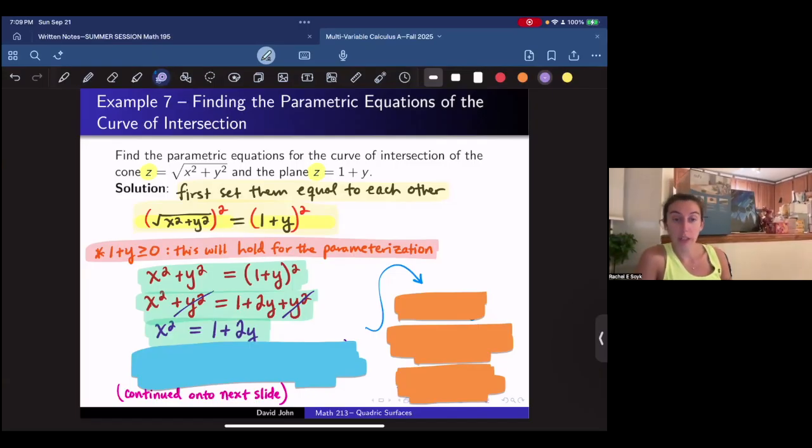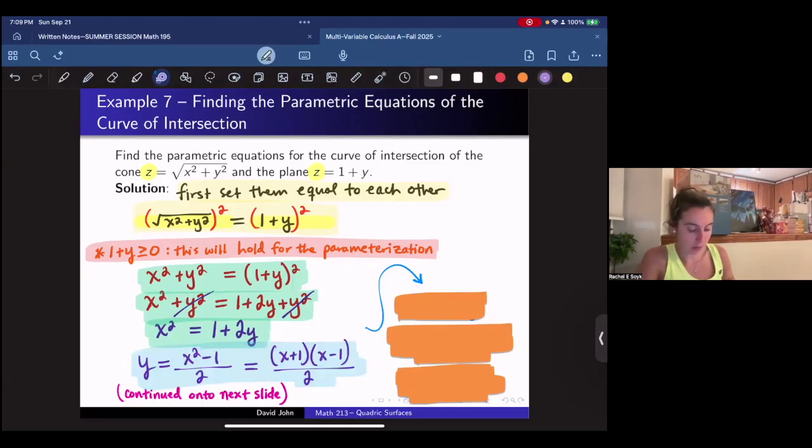And then we'll utilize our inverse operations, subtract 1 from both sides, and divide both sides by 2. So we end up with y is equal to (x squared minus 1) over 2, which can also be written as the product of the binomials (x plus 1) times (x minus 1) all over 2.